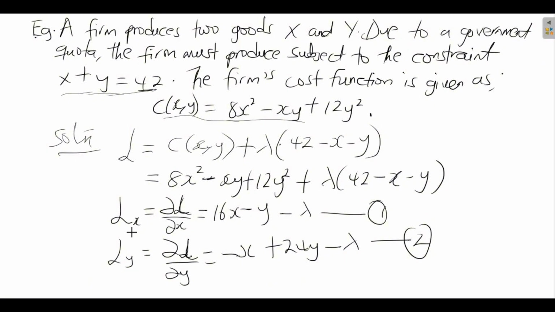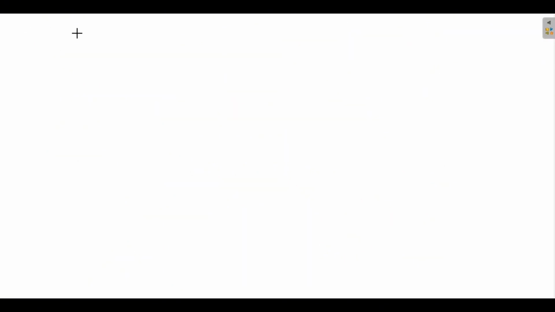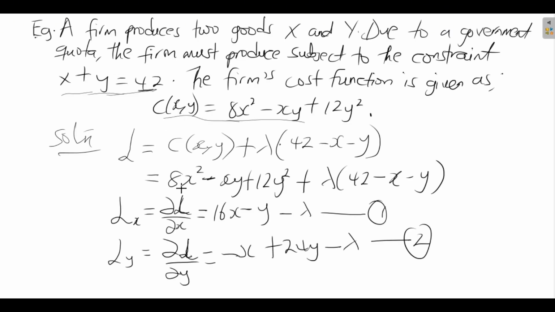So now we have the partial derivative with respect to x and the partial derivative with respect to y. We want to take the partial derivative with respect to lambda. This is the last one that we want to find. So let's go back and look at the equation. Of course, there's no lambda here, so this is 0, 0, 0.